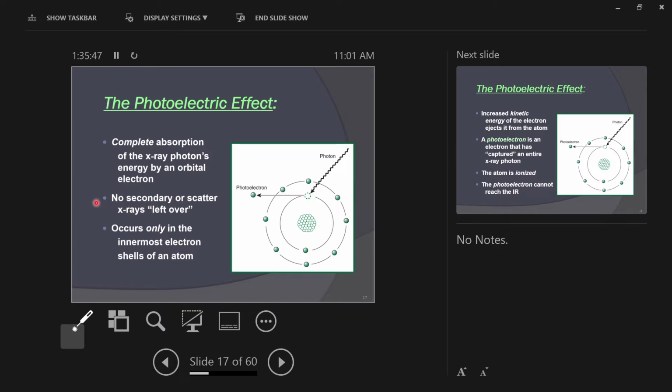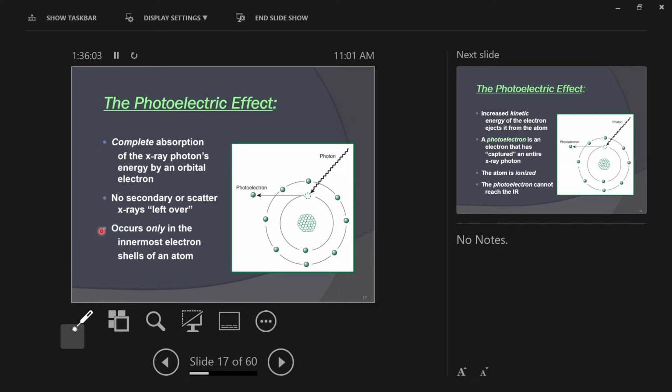No secondary or scattered X-rays are left over. Where did the X-ray go? It's been absorbed by the electron, which now is going to be called a photoelectron.